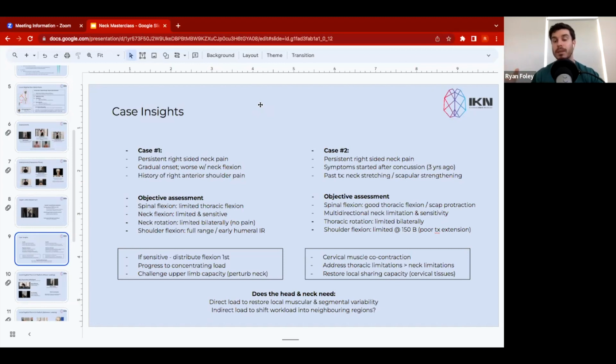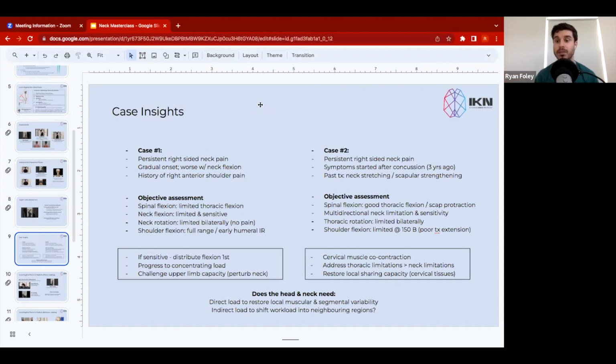So we're going to separate these rehabilitation strategies through direct work and then indirect work. Direct work meaning we're trying to direct load and concentrate load into the cervical spine tissues. Indirect work meaning we're trying to facilitate better load capacities into neighboring tissues, into neighboring segments to influence the variability of the cervical spine.